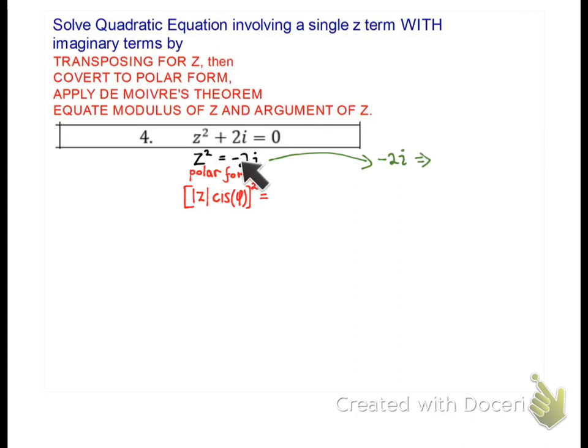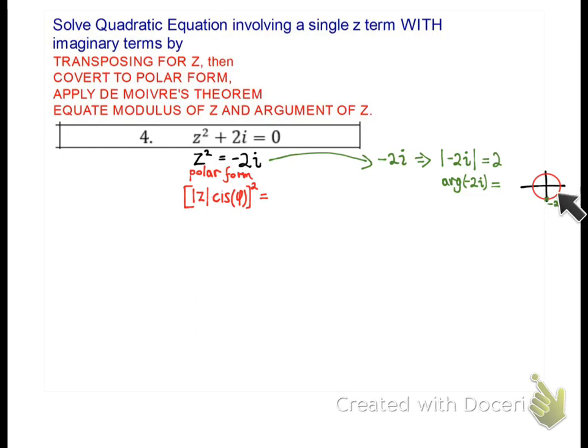And we want to also have the negative 2i in polar form, so let's go about converting that. So we need the modulus of that number, which is the whole number 2, and the argument of negative 2i. Well, if you examine an Argand diagram, we can identify the negative 2i down here on the negative imaginary axis, 2 units down.